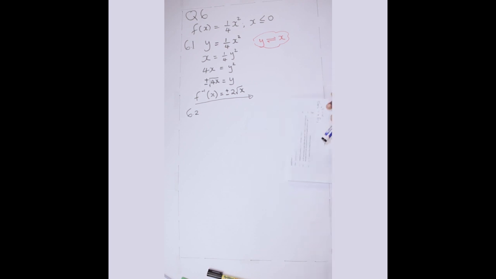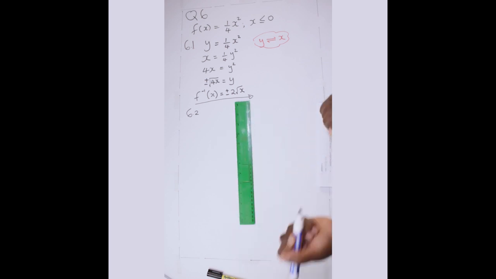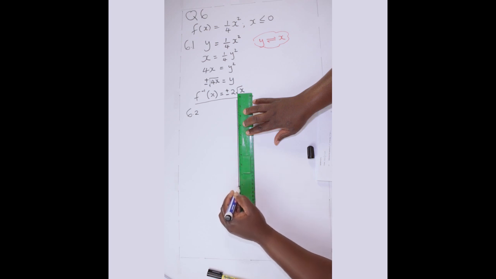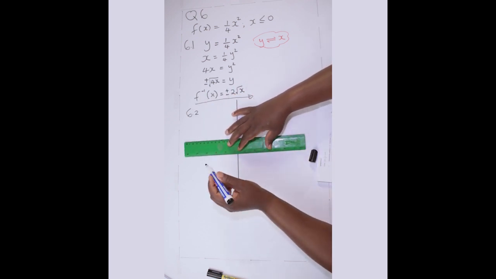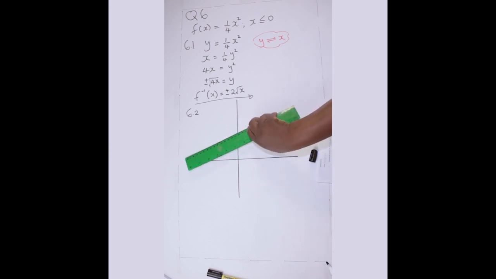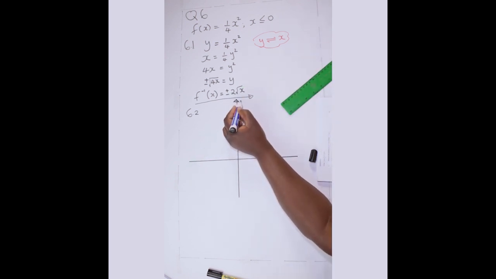So we are going to take the ruler and now draw it smoothly and nicely. So let's do that. Remember that my graphs are not drawn up to scale, and this is what you could sometimes find in your question paper. The graphs are not necessarily drawn up to scale.